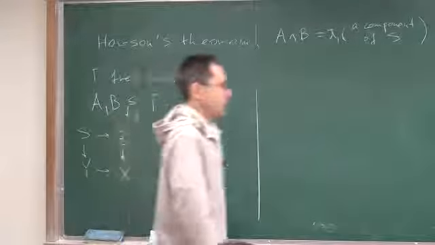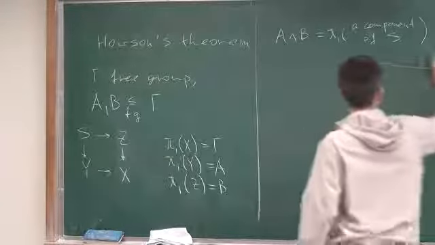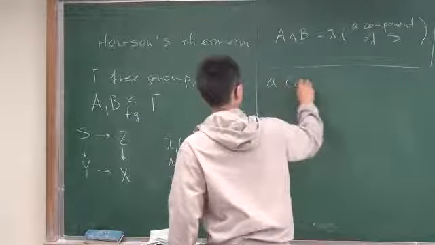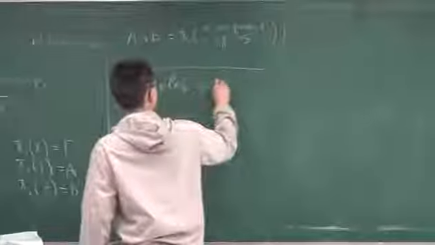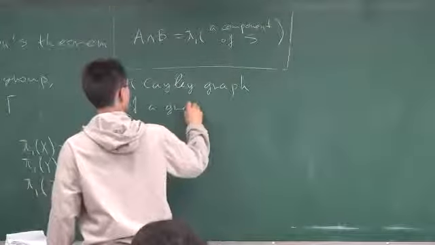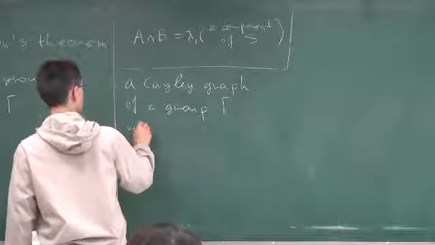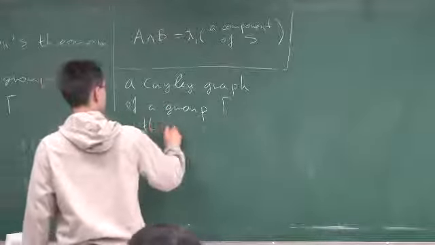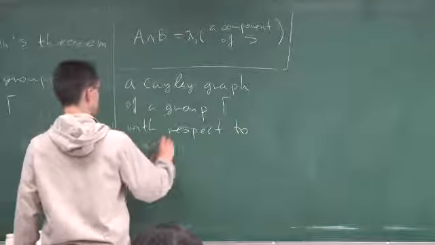So that's one comment. Another: let me give a formal definition of a Cayley graph, since I didn't give it last time. So a Cayley graph of a group gamma with respect to a generating set.